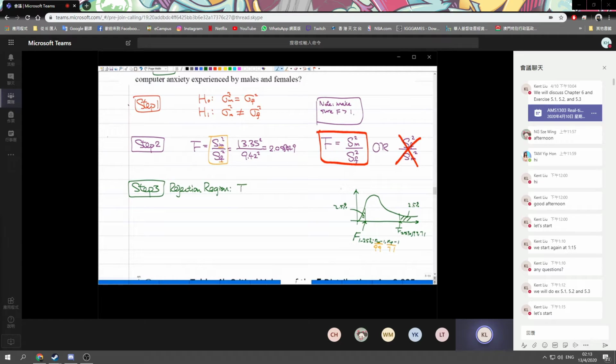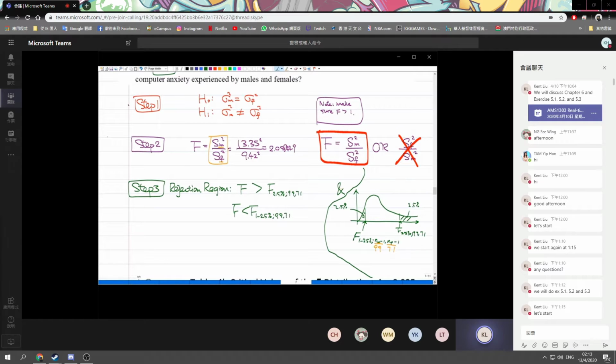You write F greater than F 2.5%, 99, 71, and another one to the boundary here: F less than F 1 minus 2.5%, and then 99, 71. This is the rejection region.